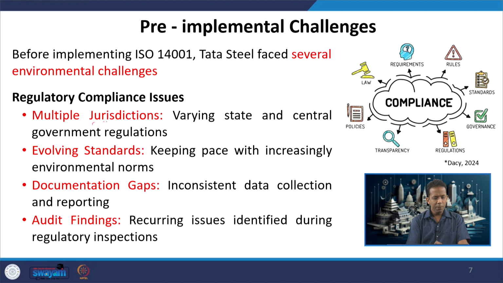So, there are multiple jurisdictions and different states would have different regulations. Also, central government regulations would be different from a particular state government regulation. So, since there are different plants located in different locations, even though the owner is same, they need to ensure that they follow the compliances in the specific jurisdiction.